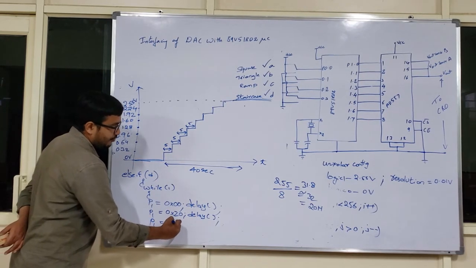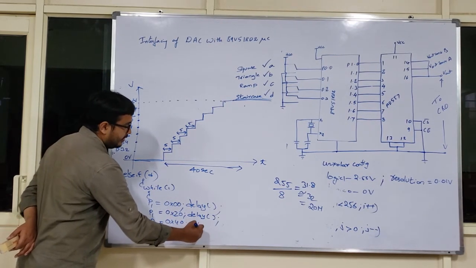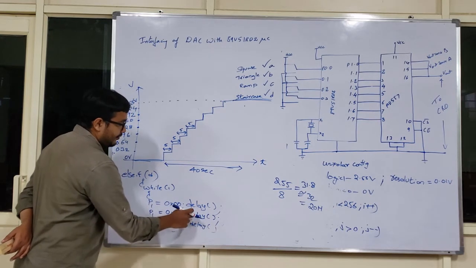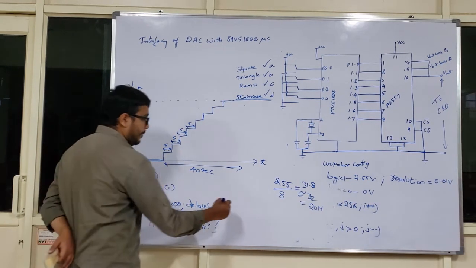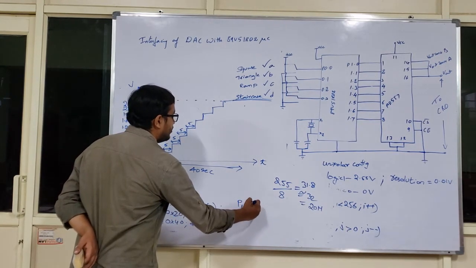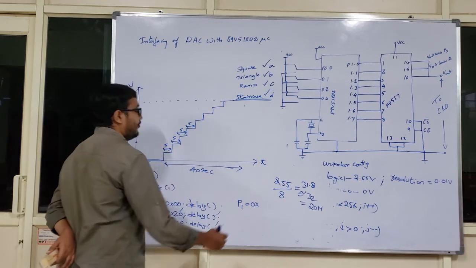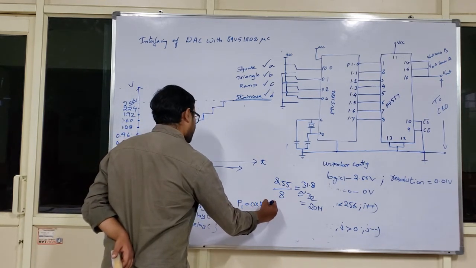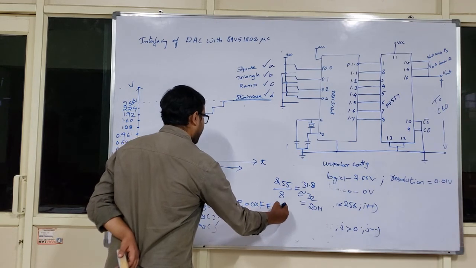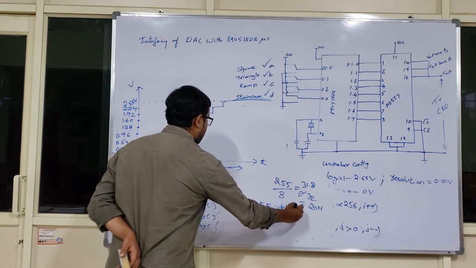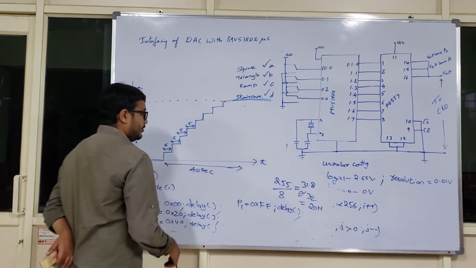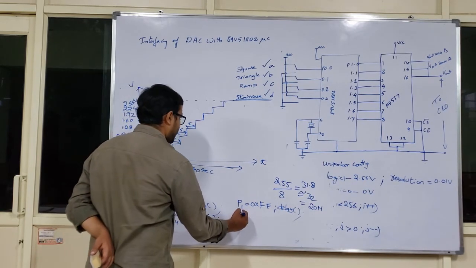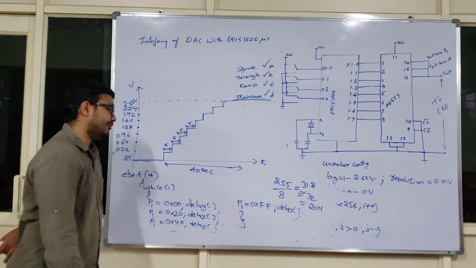P1 equal to 0x40, delay will be taking care of that. This is for the second step, and similarly up to the 8th step, that is P1 equal to 0xFF. On the 8th step, delay will be taking care of that. So you can complete the staircase definition in this manner.